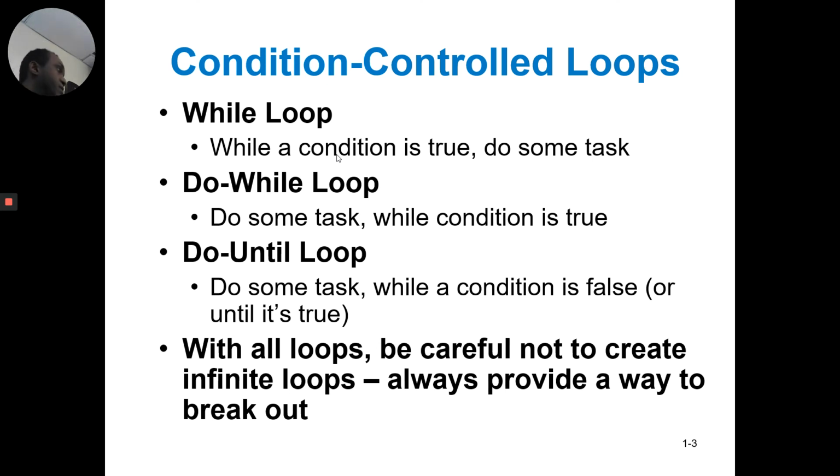If the first window says yes, we got the money, then do some task: give them their food. Isn't that what happens at some of these fast food restaurants? The first window checks, did you actually pay? The answer is yes. The second window is, okay, give them the food. If the first condition becomes false, meaning you didn't pay, then they won't give you food, right? So that's basically a while loop.